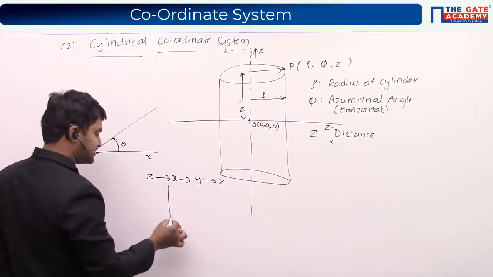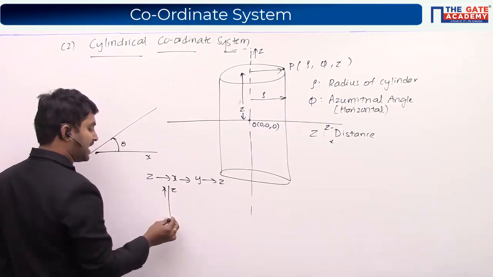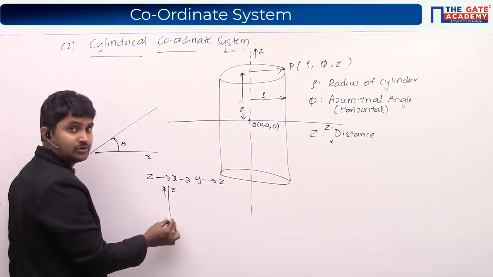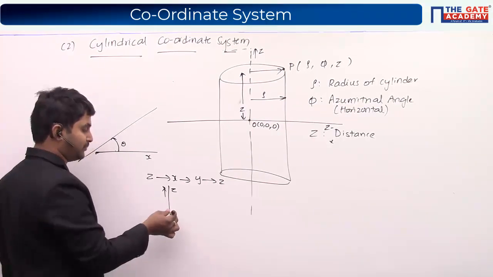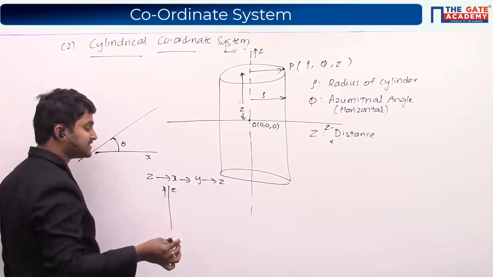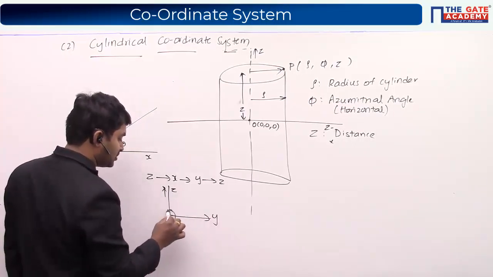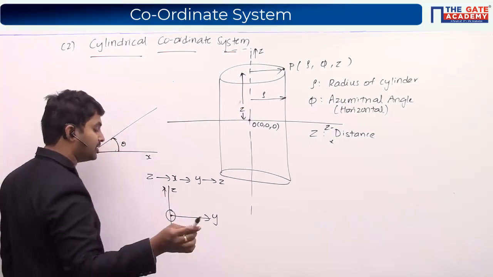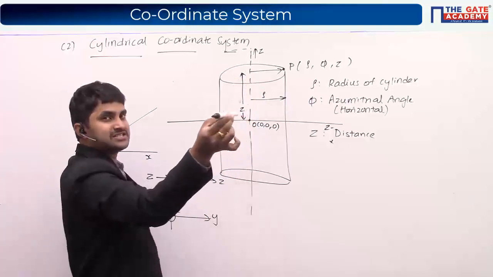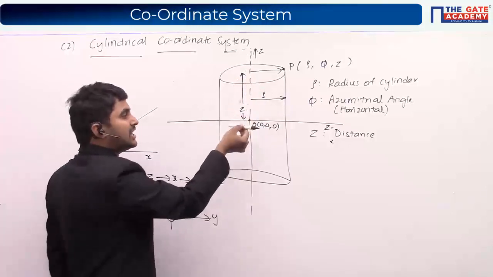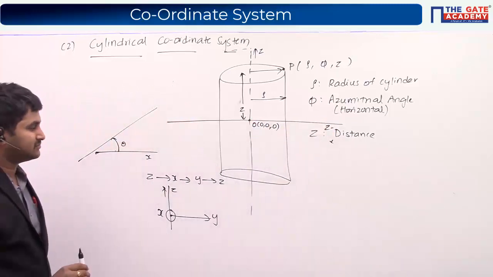So when I fix this as my z-axis, x will be like this, outwards, pointing towards you. So something coming out of the board is the x-axis, and this is the y-axis.